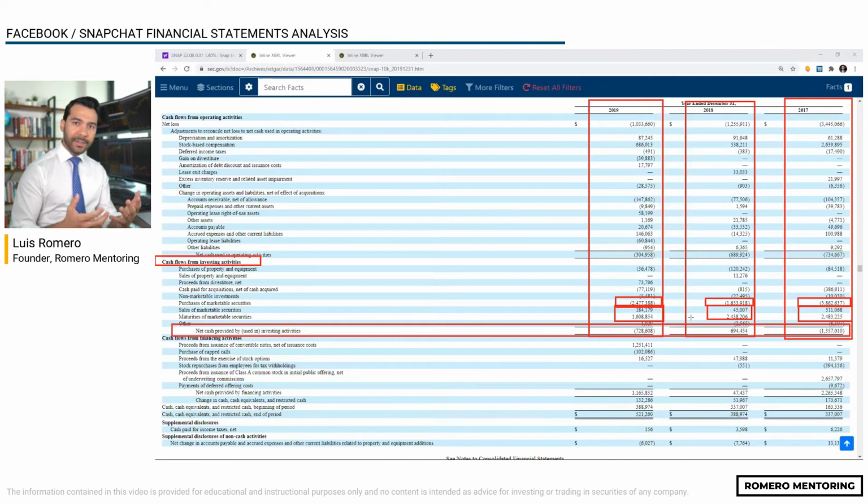Stocks, bonds, CDs. It can also be commercial paper and U.S. Treasury bonds. So if they're engaging a lot in short-term investments, essentially they're acting like a hedge fund. $3 billion purchased in 2017, then $1.6 billion purchased in 2018, and then $2.4 billion purchased in 2019.